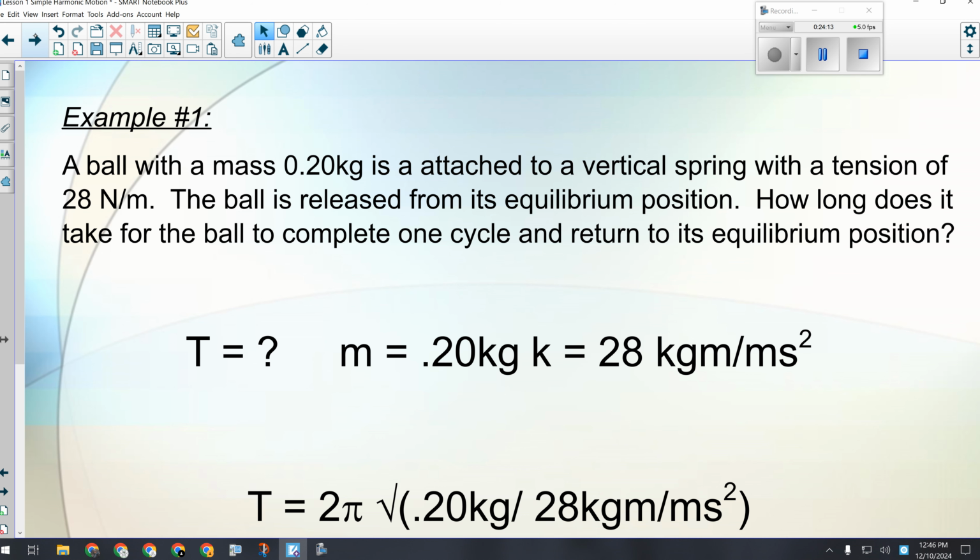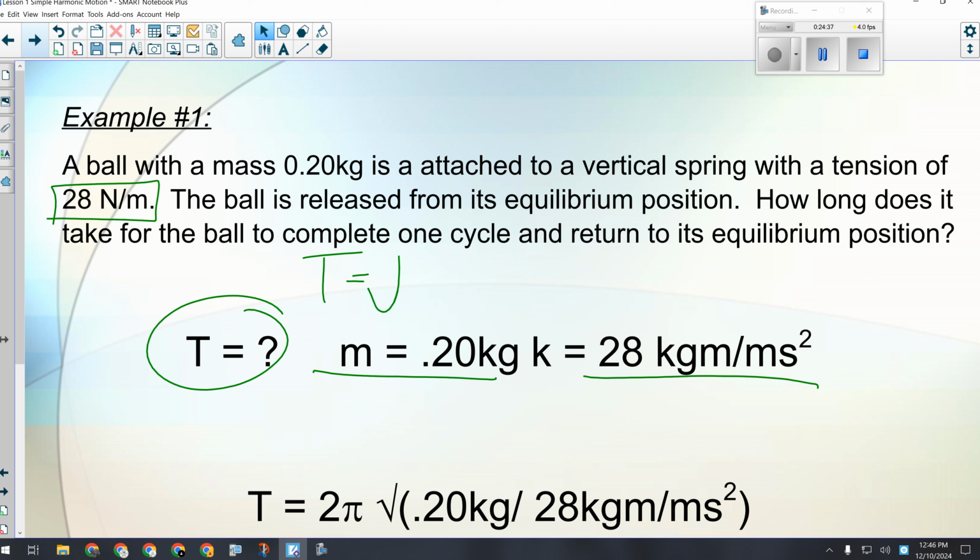All right, so let's say we've got this example here. We put a ball that has a mass of 0.2 kilograms on a vertical spring that has a spring constant of 28 newtons per meter. The ball is released. How long does it take for the ball to complete one complete oscillation? We're looking for period. We have mass. We have spring constant. It means we don't have to manipulate the formula. We're just plugging in our numbers here. As I said, not a hard formula to use.